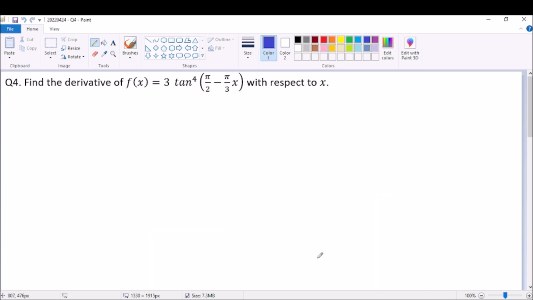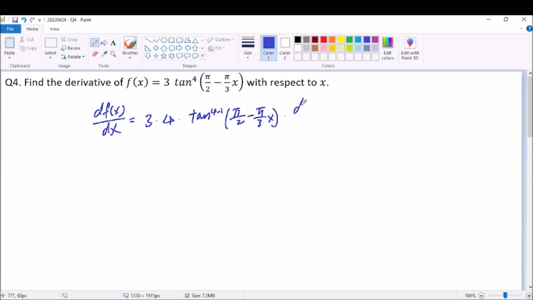Question 4. Find the derivative of f(x) with respect to x. So we find the derivative df/dx equals 3 times 4 tangent to the power 4 minus 1 of (pi over 2 minus pi over 3 x).